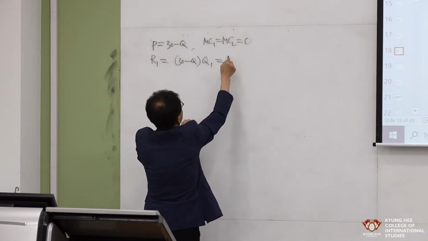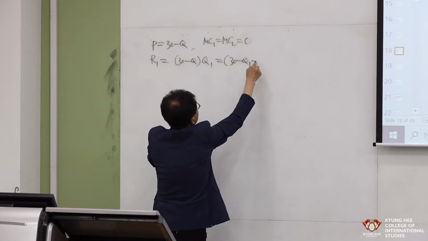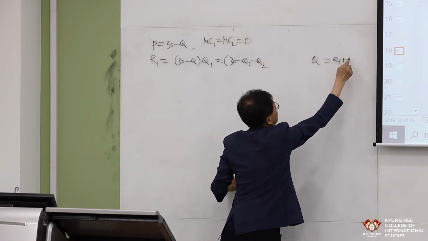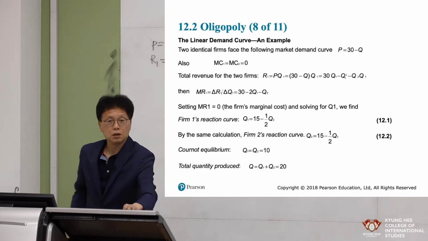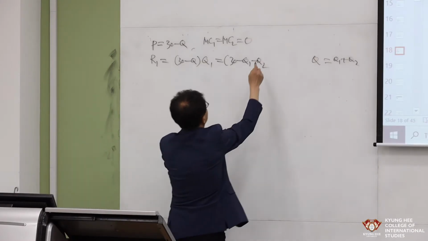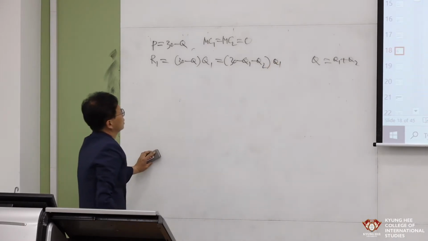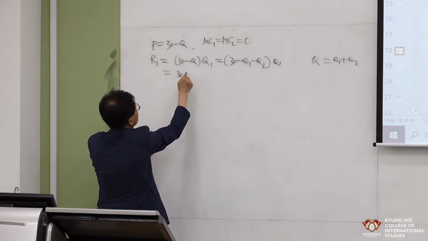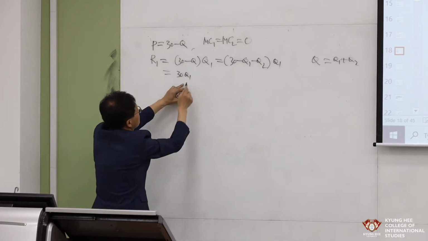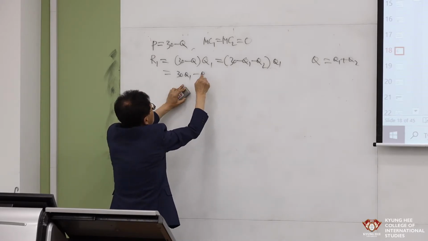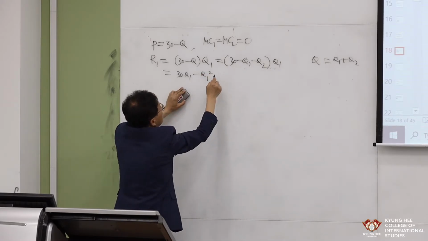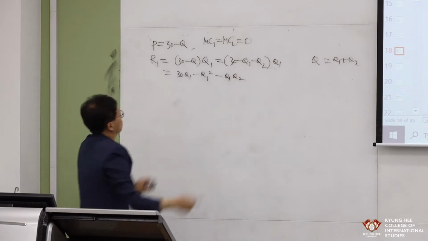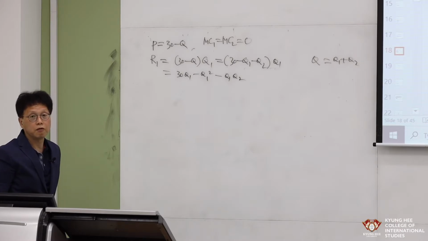So rewriting this, 30 minus Q1 minus Q2. In other words, Q is equal to Q1 plus Q2 because it is a duopoly model, right? So multiplied by Q1. Then expanding this one, 30Q1 minus Q1 squared minus Q1Q2. That is revenue of firm 1.